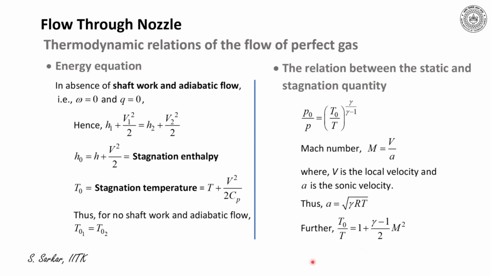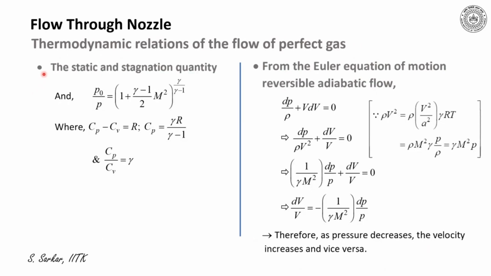All these relations which I have presented here have already been expressed earlier. However, I have reviewed them again. With respect to static and stagnation quantities, I can say that P0 by P is equal to, within bracket, 1 plus gamma minus 1 by 2 into M squared, whole to the power gamma by gamma minus 1.